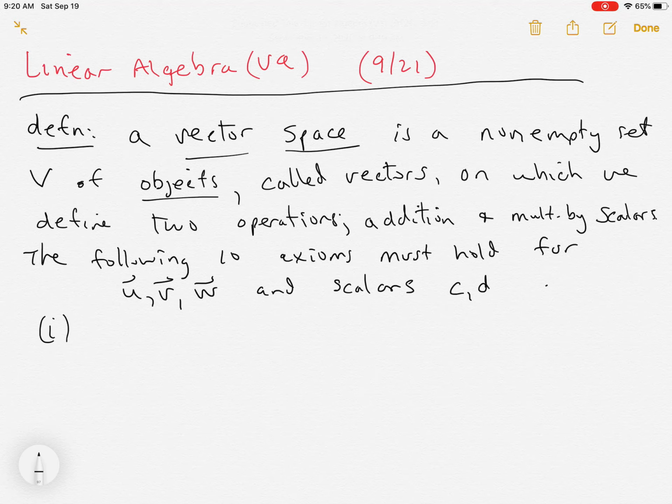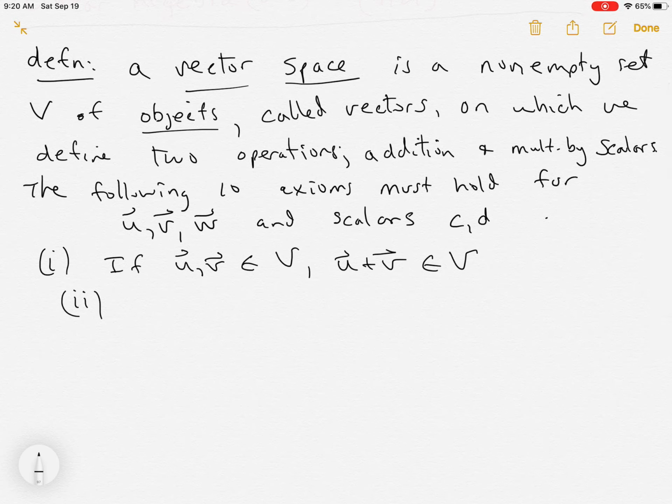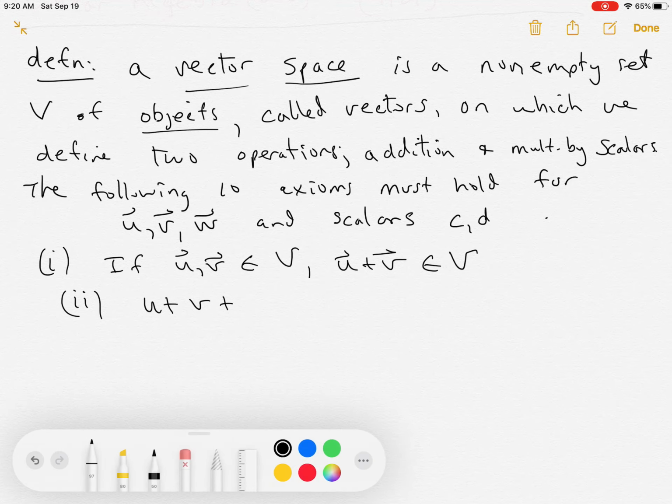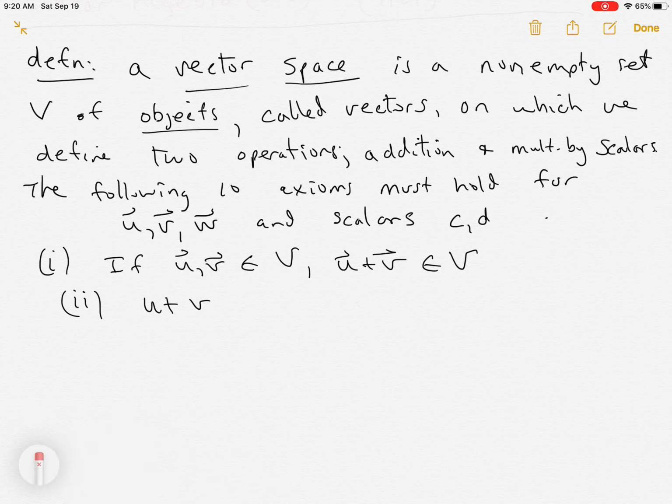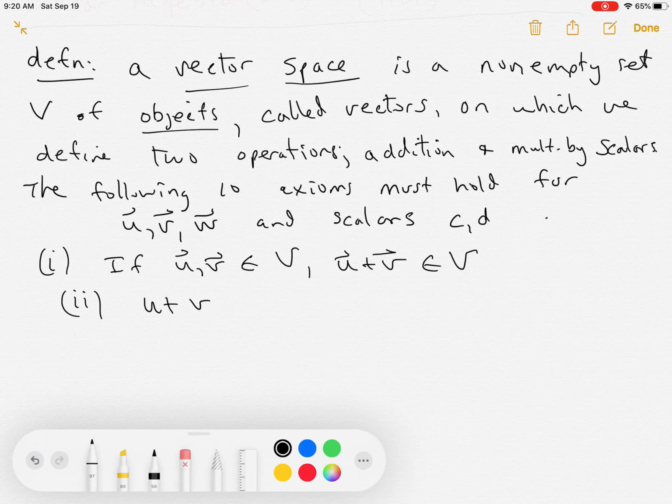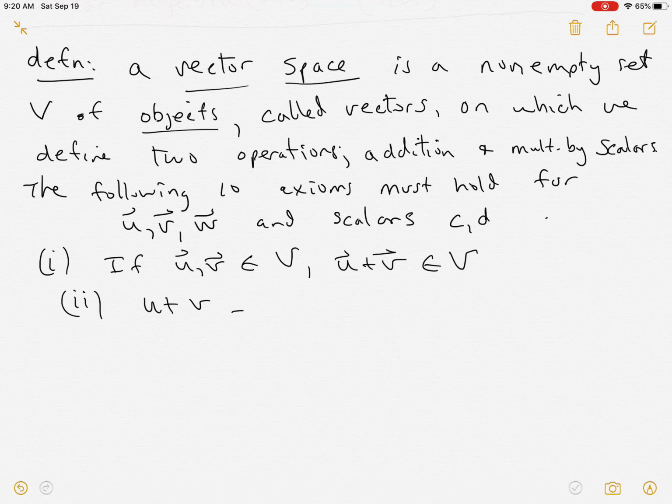Closure under addition. So if vectors u and v are elements of V, then u plus v must also be an element of the vector space V. 2. u plus v equals v plus u. 3.